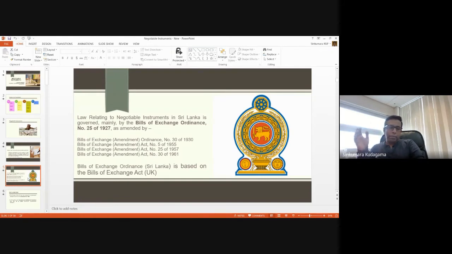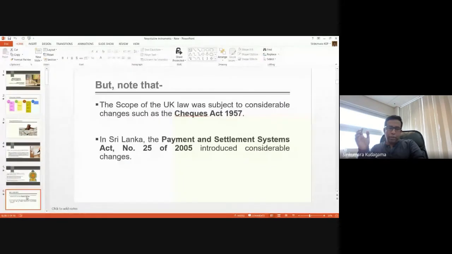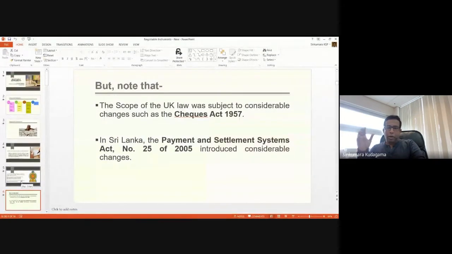Now, this is something very common in those days when Sri Lanka was under the British Empire. We used to have a lot of statutes in English law that were available in the UK enacted as Sri Lanka's legislation as well.